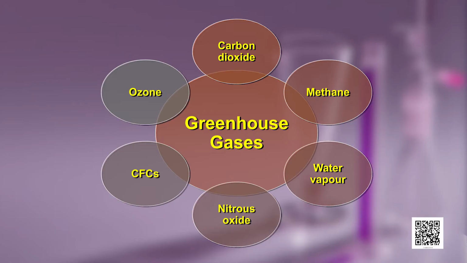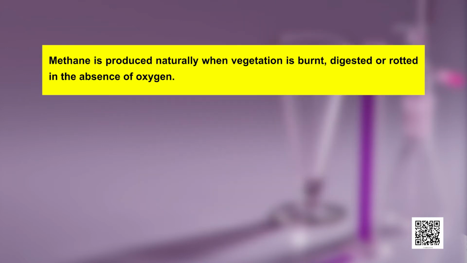Besides carbon dioxide, other greenhouse gases are methane, water vapor, nitrous oxide, CFCs, chlorofluorocarbons as we call them, and ozone. Methane is produced naturally when vegetation is burnt, digested or rotted in the absence of oxygen. Large amounts of methane are released in paddy fields, coal mines, from rotting garbage dumps and by fossil fuels.